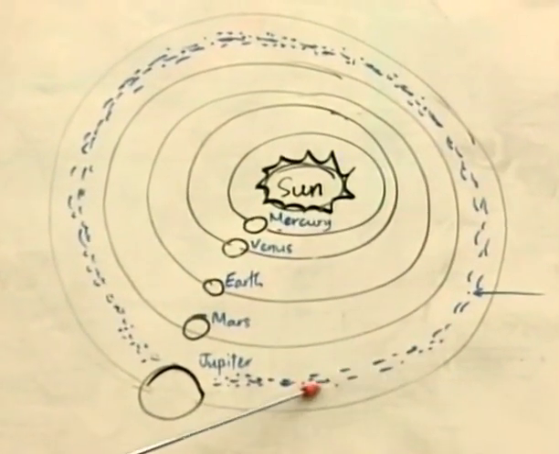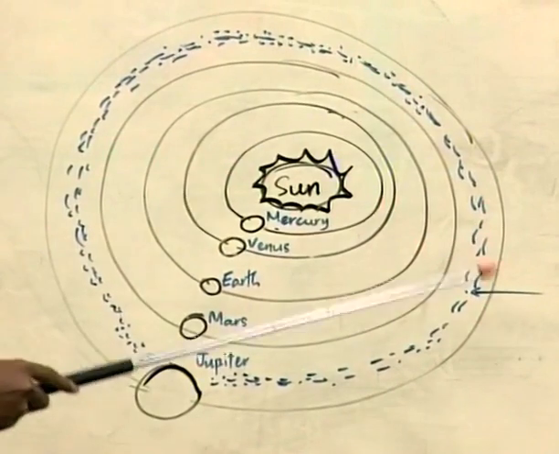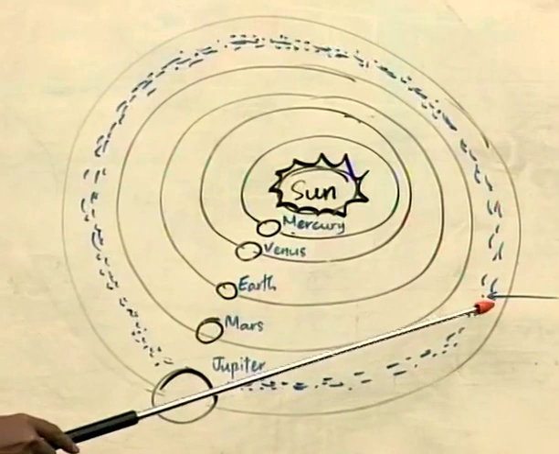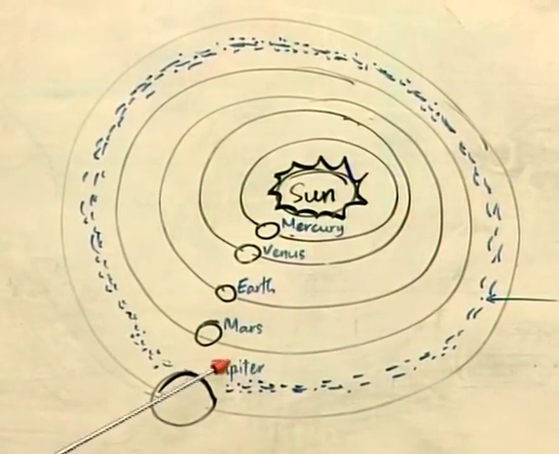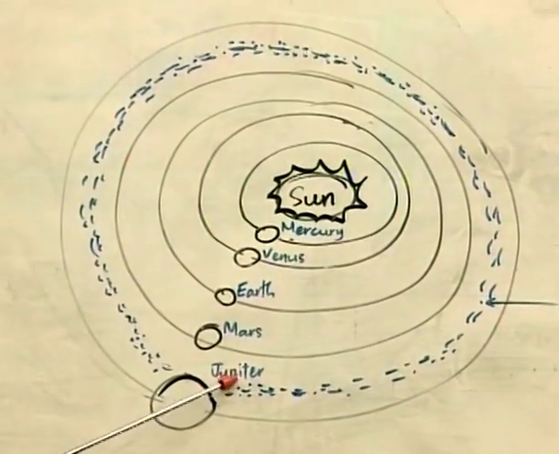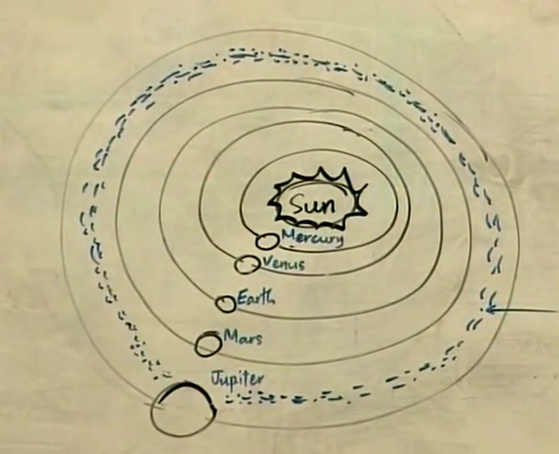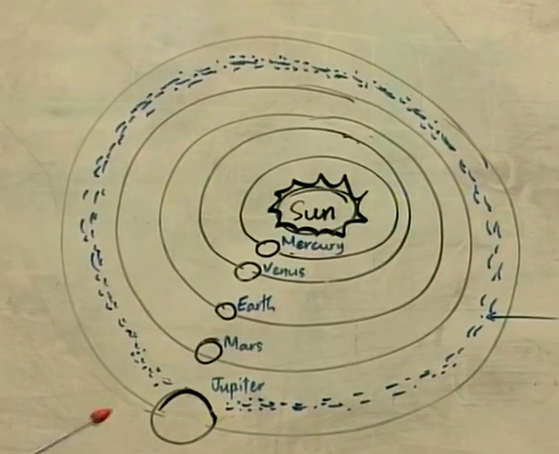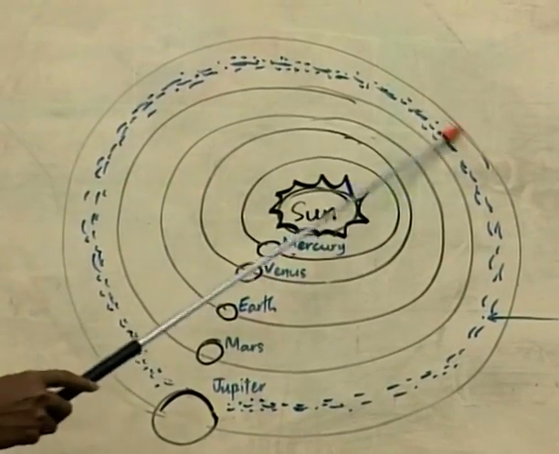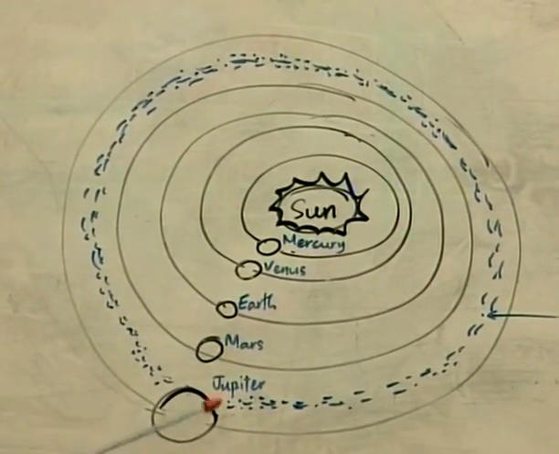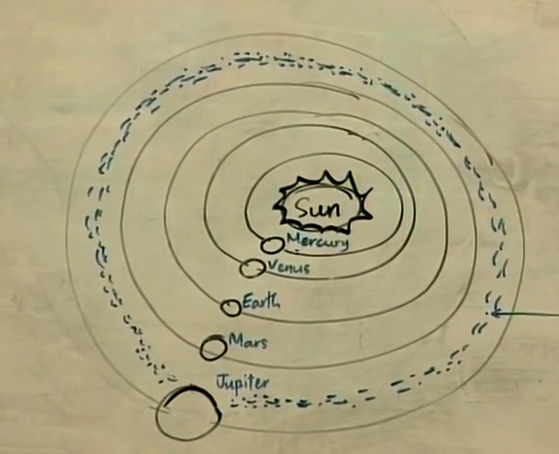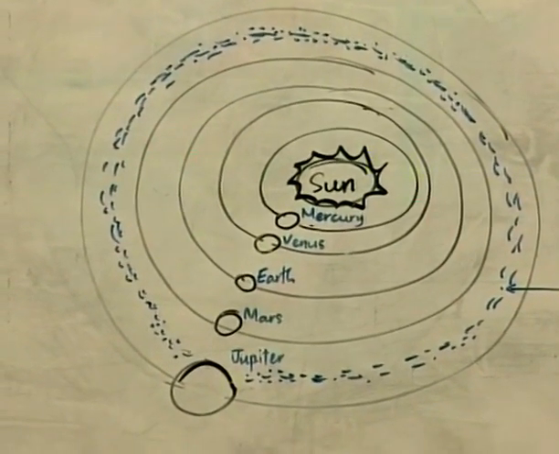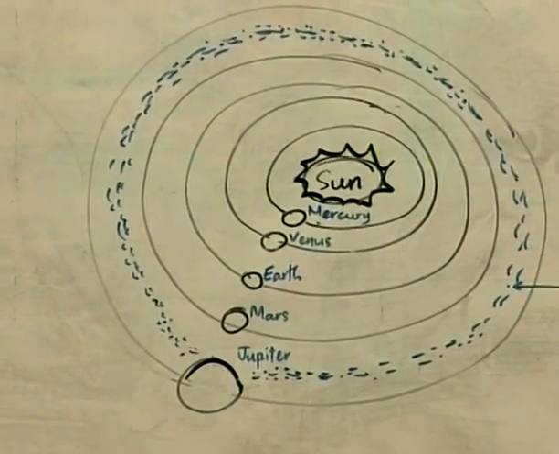This area here is called the asteroid belt. The asteroid belt is found between Mars and Jupiter. And asteroids are simply small bodies of iron and rock. So small bodies of iron and rock go around this area here between Mars and Jupiter. And that area is described as the asteroid belt.